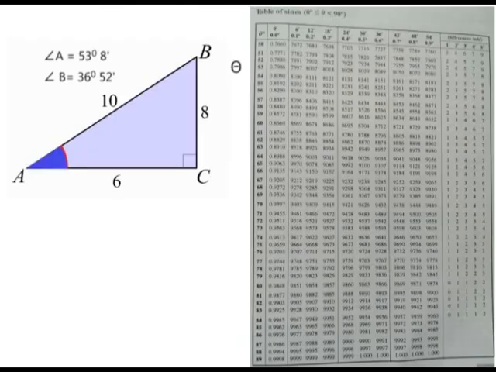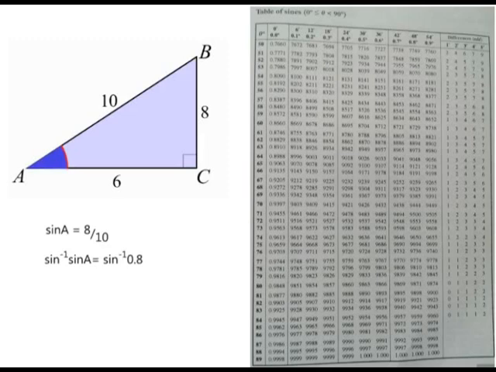Let's go back to our triangle. We know these two angles, but we will remove them and see if we can reproduce them using sine instead of tangent. Angle A, sine A is equal to opposite over hypotenuse, 8 over 10, and that gives us 0.8. Sine inverse of sine A is equal to the sine inverse of 0.8.